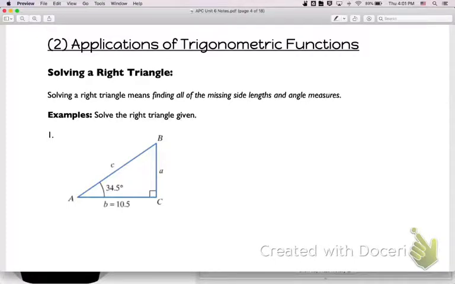Okay, we're going to continue with our trig functions and right triangles and look at some applications of trig functions. So remember, we've looked at sine, cosine, tangent, cosecant, secant, and cotangent. When we plug this in for any of the six, let's just look at sine.